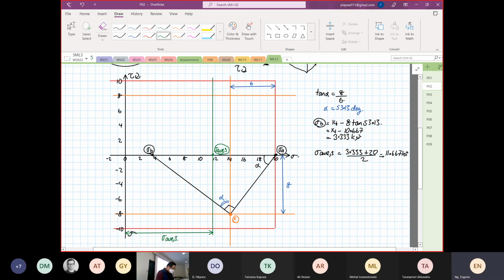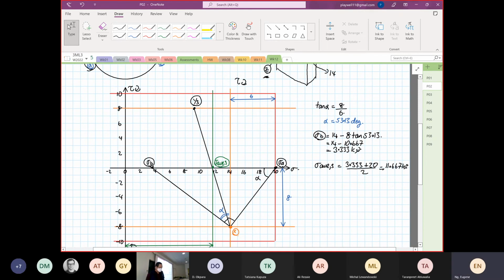So now we just take from point X, go to the stress average point, and have our next point down here. This over here is our Y3.